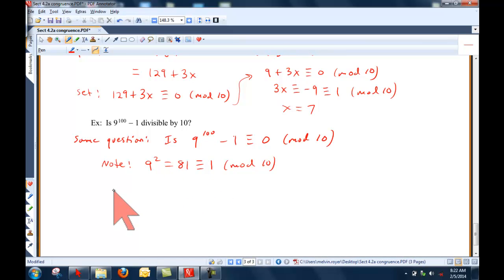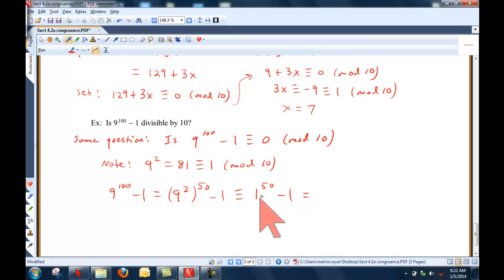So the computation could go like this. 9 to the 100th minus 1 is the same thing as 9 squared to the 50th minus 1, properties of exponents. And now since we're working congruent mod 10, I can replace the 9 squared by 1 to the 50th minus 1.